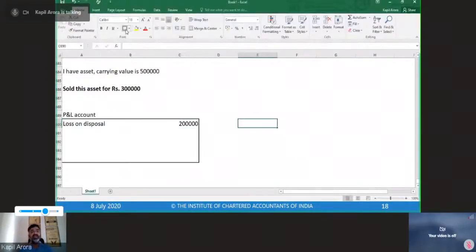The cash we have received is 3 lakh, which is the amount for sale of the asset. That amount will go to investing activities. It will not be the loss.